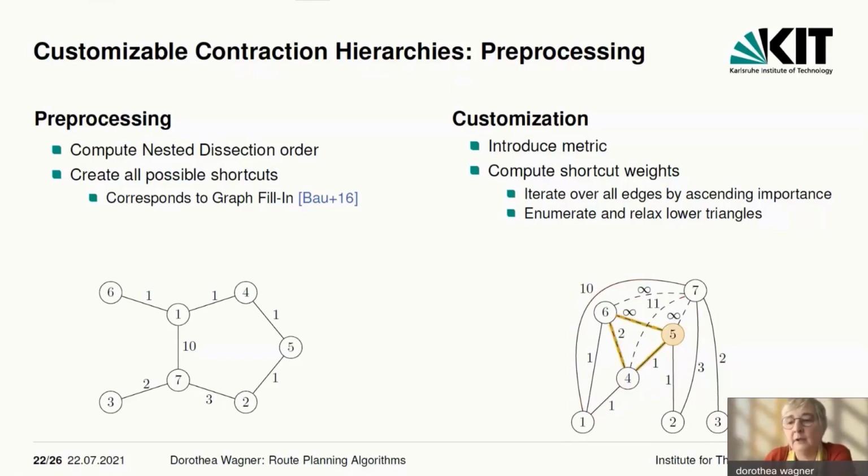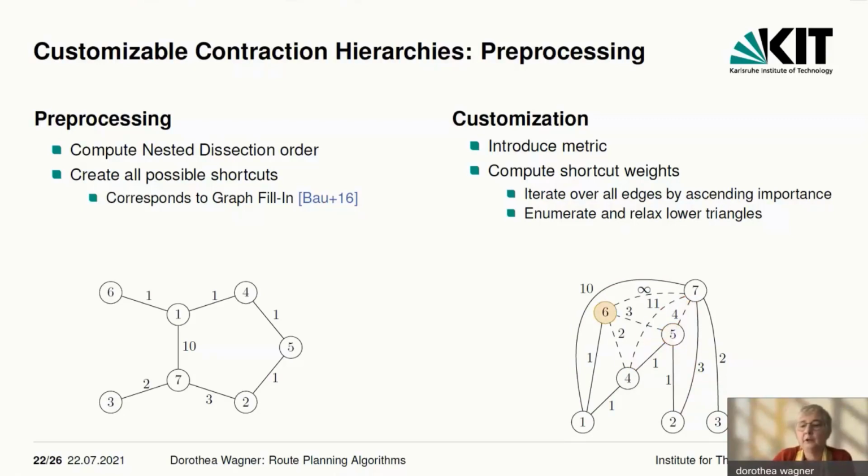One lower triangle we find is this one, and this induces weight 3 to this edge between 5 and 6. Another lower triangle induces a new weight for this edge between 5 and 7: 12, 1 plus 11, and so on.